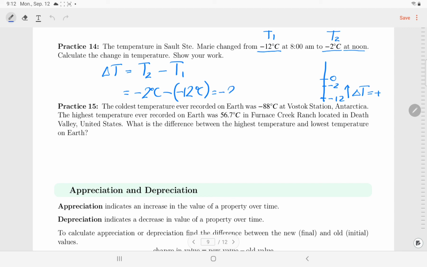That's the same as negative 2 degrees Celsius plus 12. Positive 12 minus 2, it's positive 10 degrees Celsius. The temperature increased 10 degrees Celsius.